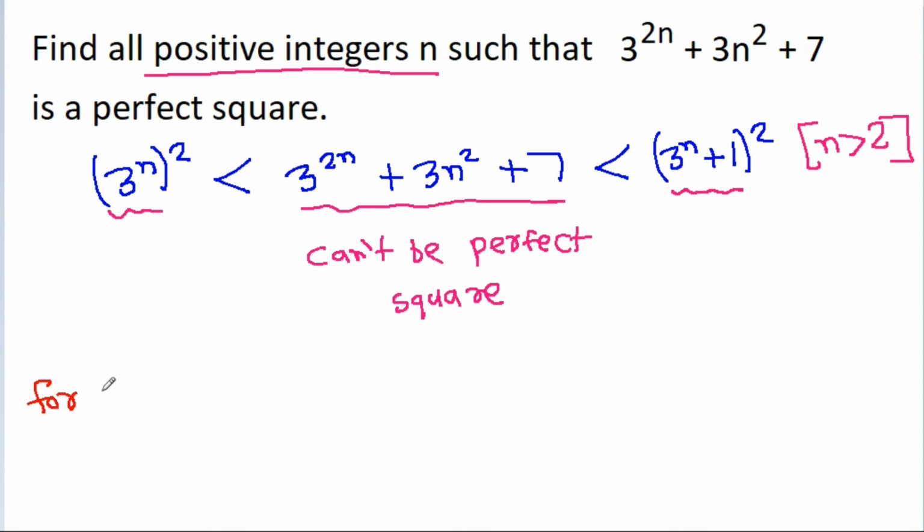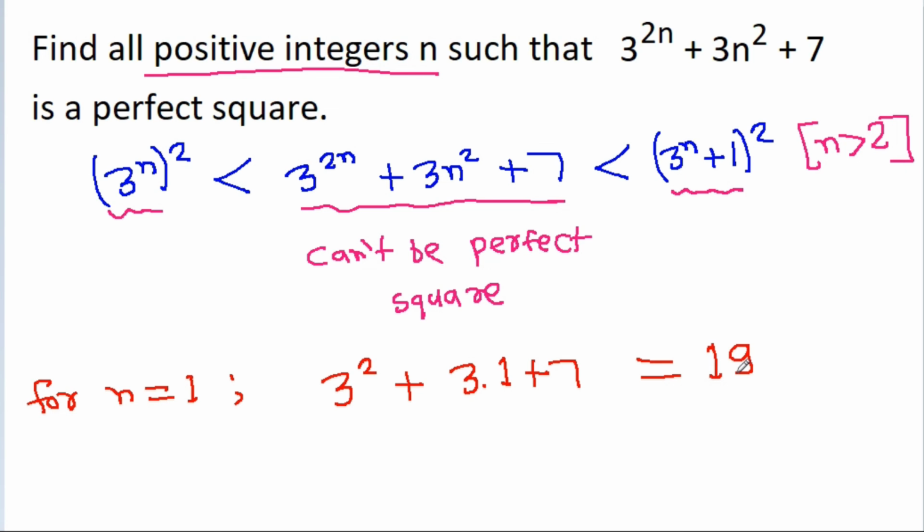So for n equal to 1, 3^(2n) will be 3^2 = 9, plus 3 times 1^2 is 3, plus 7, and it is 9 + 3 + 7 = 19. That is not a perfect square.